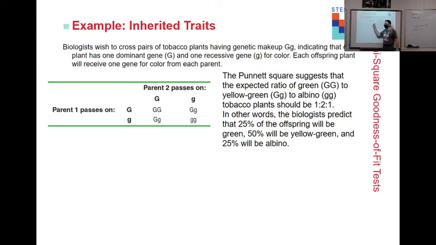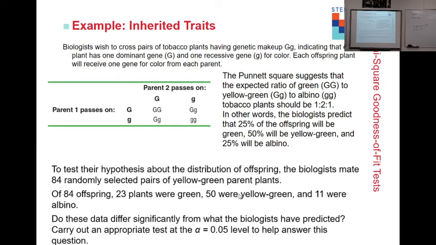And then albino if both get recessive. And if you remember your Punnett square, what we would expect, this is going to be our null hypothesis, is that we have 25% having both dominant, 50% having one dominant, one recessive, and 25% having both recessive. So that's going to end up being our null hypothesis.